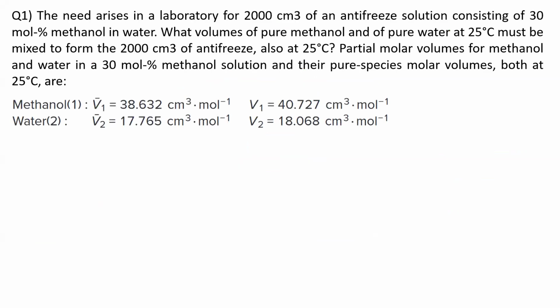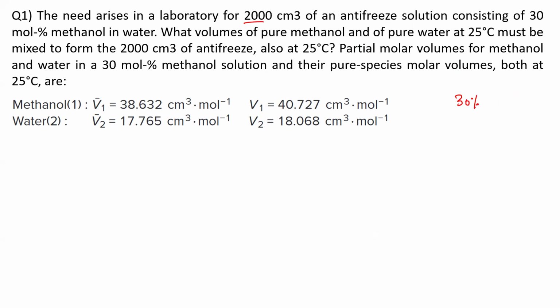So coming to the first problem, the need arises in a laboratory for 2000 centimeter cube of an antifreeze solution consisting of 30% methanol in water. If it's a mass fraction or volume fraction, generally it is mentioned there itself. Generally if 30% is mentioned without any specification, you can consider that as mole percent.